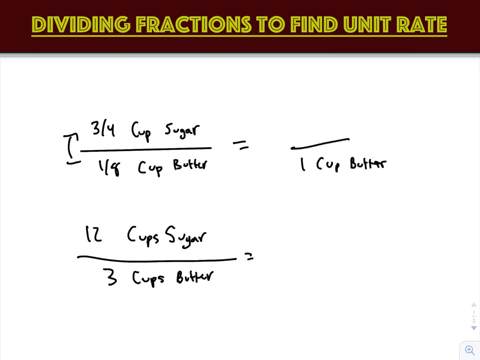Well, I would simply just divide the top number by the bottom number. So I would do 12 cups of sugar divided by 3 cups of butter. Gives me 4 cups of sugar for 1 cup of butter.